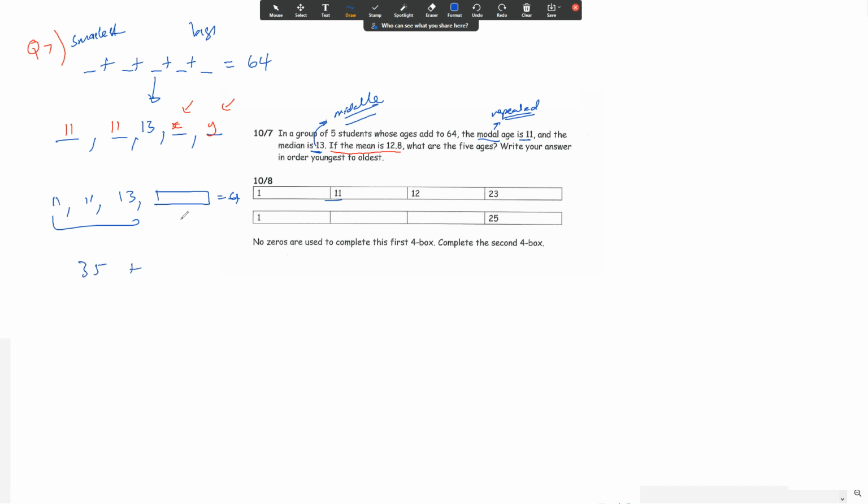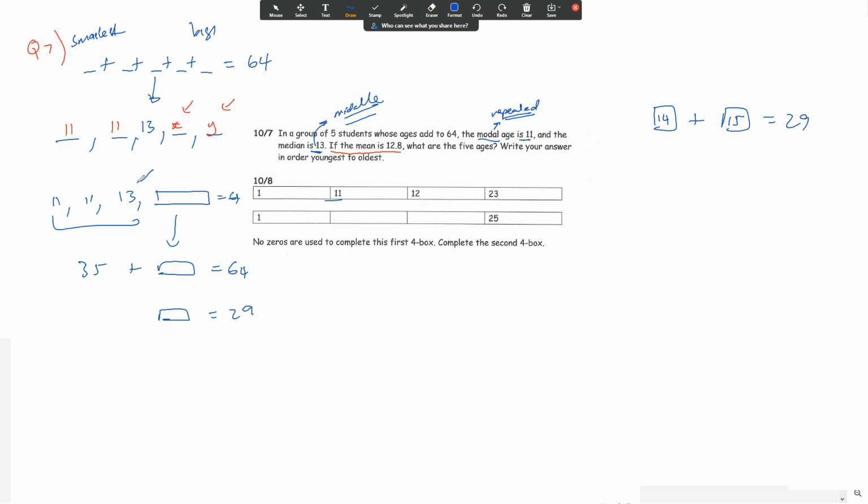So 35 plus these two numbers is equal to 64. Okay, so what's 64 minus 35? 29. So what two numbers add to 29? 14 and 15. That looks good.